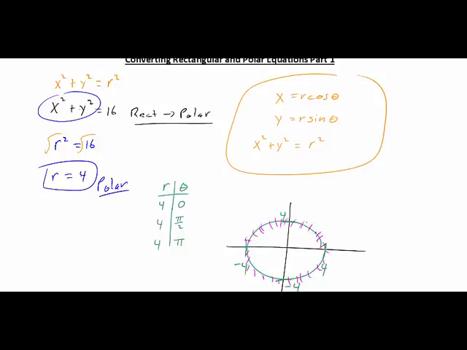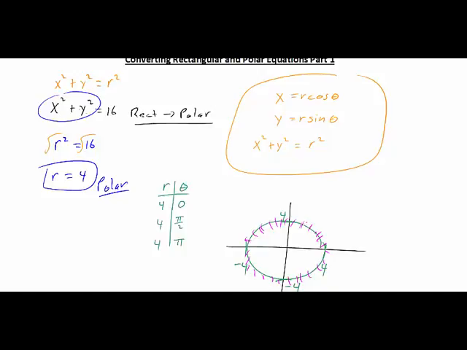And this is the advantage of using polar equations. You're probably thinking, well, we have these rectangular equations, why do we want to use polar? Well, if we compare x squared plus y squared equals 16 to the equation r equals 4, r equals 4 is a lot simpler to come up with the equation for a circle. For one thing, we only have one variable as opposed to two variables.